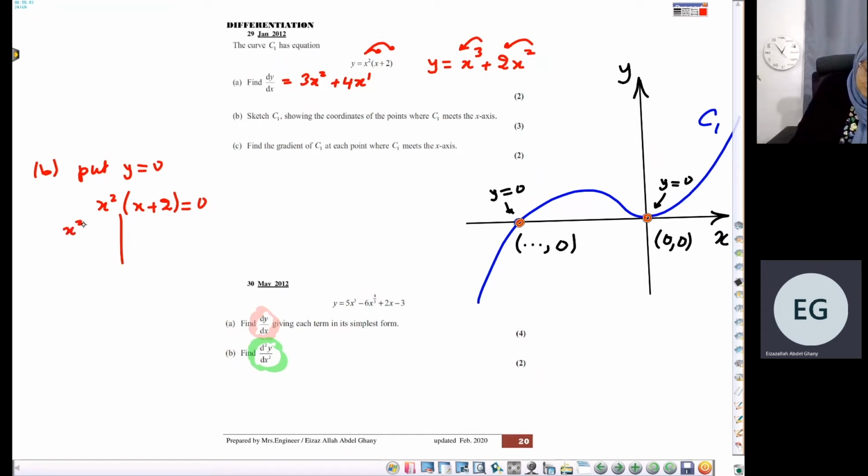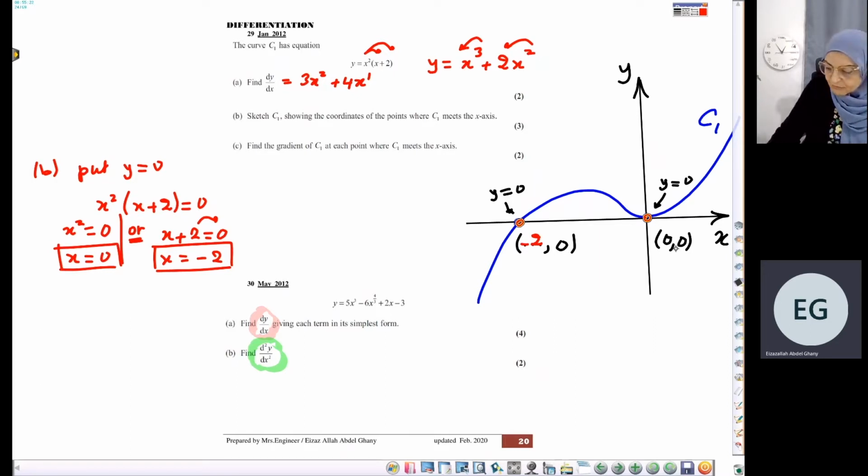Either the first factor equals 0 or the second factor equals 0. It means x equals -2, which is this point, or find the square root for both sides, x equals 0, which is that point, 0 and 0.